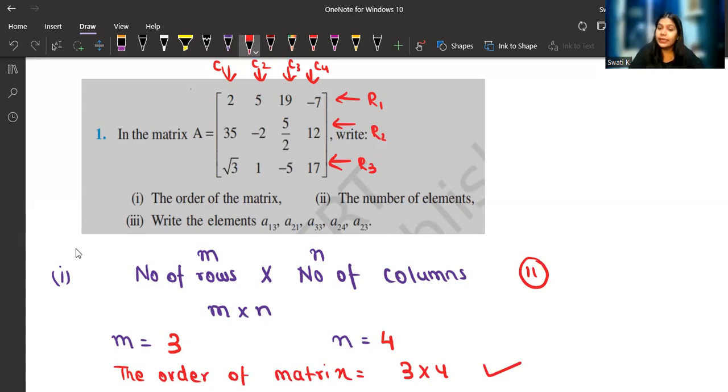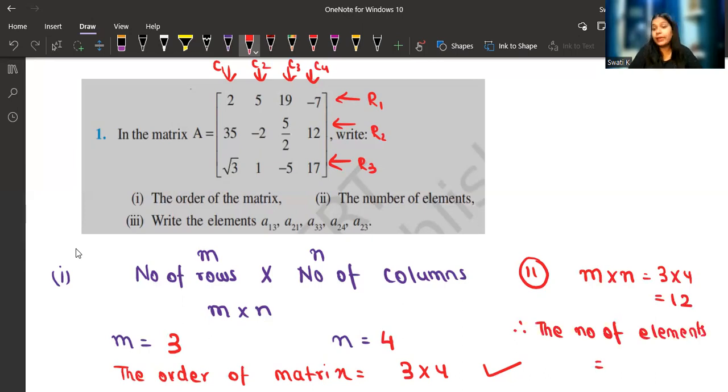That means here it is m multiplied by n, so 3 multiplied by 4, which is 12. You have cross-checked your answer because yes, the total number of elements in the matrix is 12 only. So you will get the answer by multiplying the number of rows with the number of columns, and that is 12.